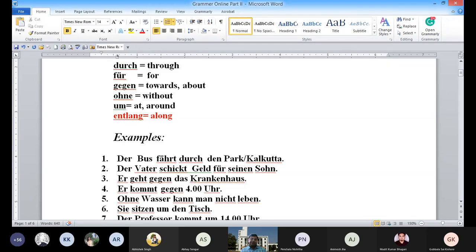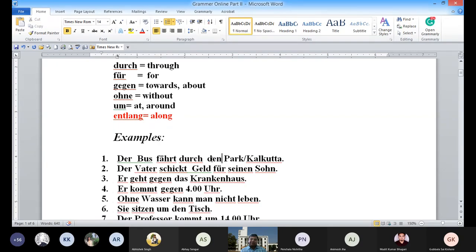So what is the meaning? Der Bus fährt durch den Park. Now, because you are using durch, and here this noun is Park, a masculine noun, you are supposed to use the accusative. And if you remember, in accusative masculine singular, der is always changed into den. Okay, so that's why it has become den.